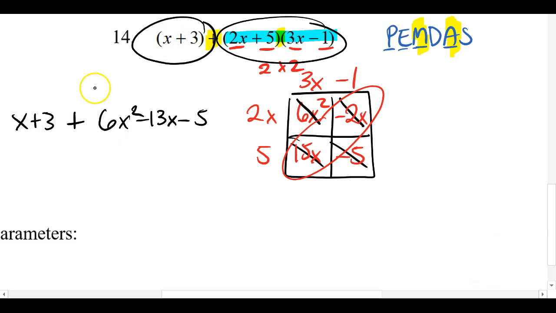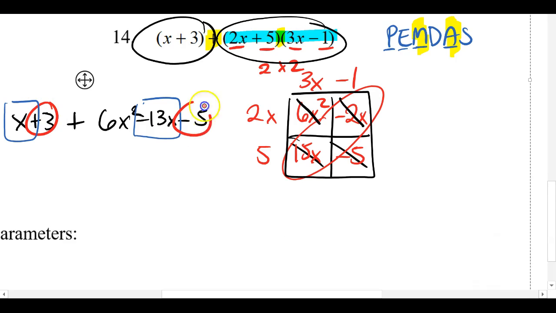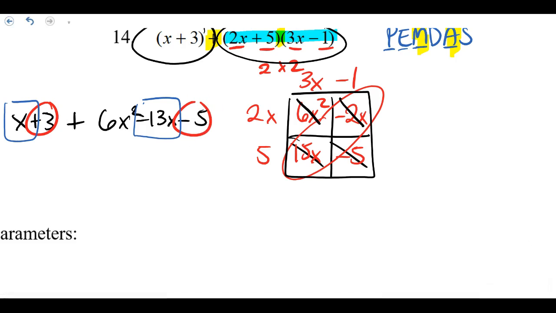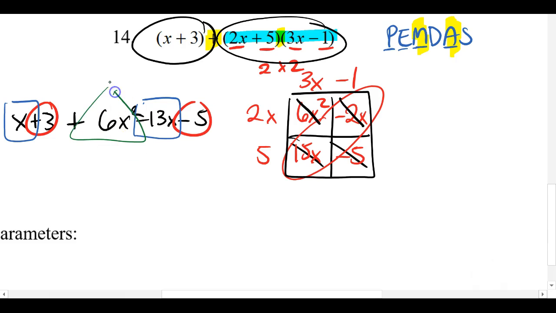Okay, so now let's just combine the like terms. So I have an x here and another negative 13x here. And then I have positive 3 here, and I can also add that to negative 5 here. And then the last one I have is this positive 6x squared.